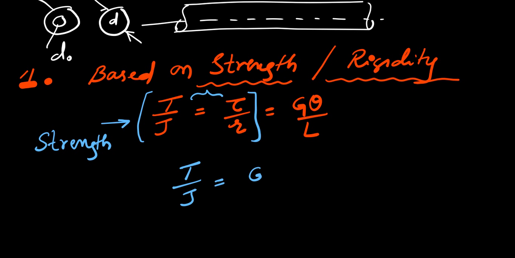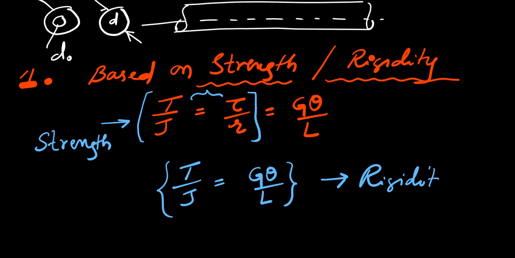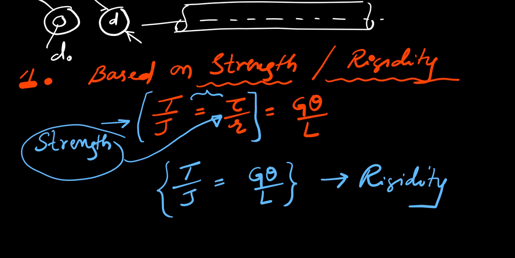This equation is to be used in the case of rigidity. Strength means here there is a bending strength in the equation, that is tau b, so the first and second equations will be used.